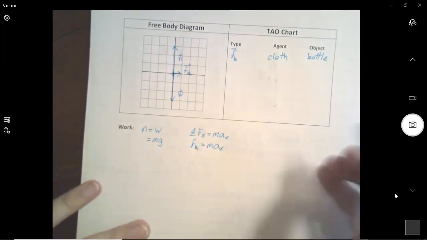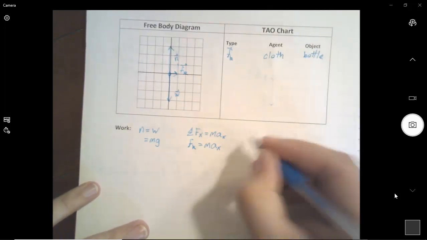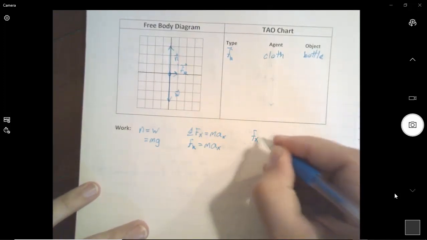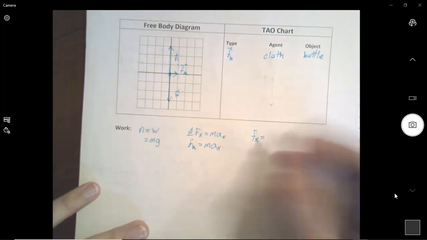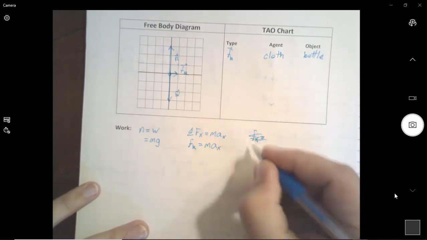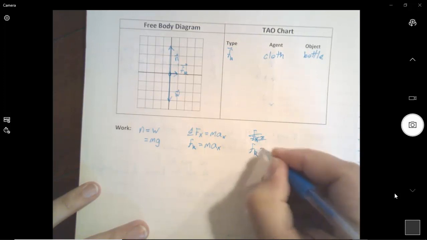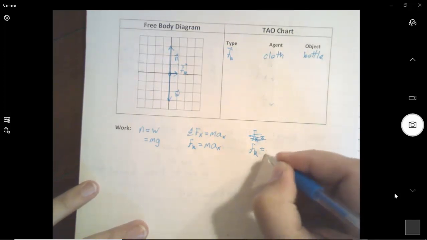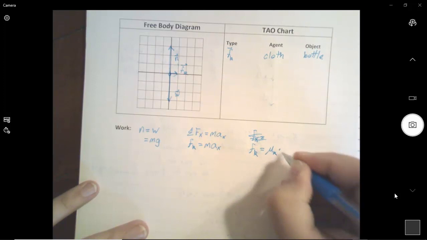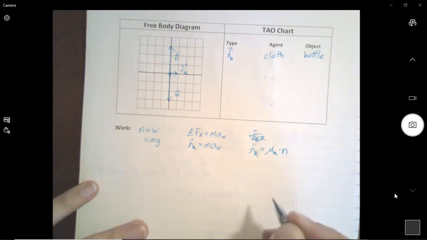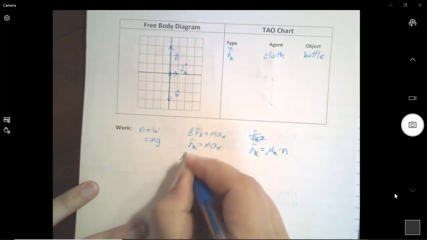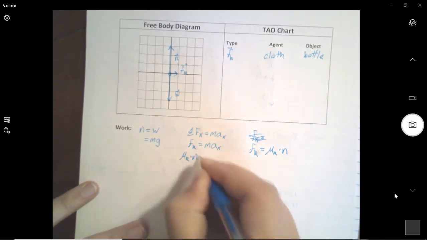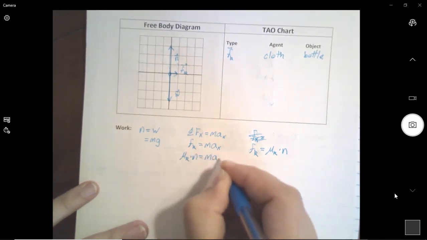And when we look at our equation sheet, we see that fk has an equation. There's no maximum, there's no minimum, it's just fk equal to mu k times n. So we're going to plug that in on the left. We see mu k times n is equal to max.